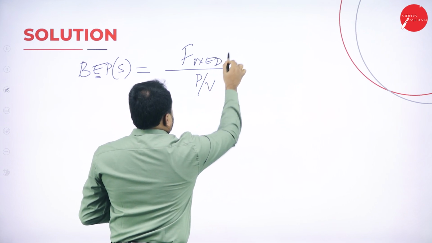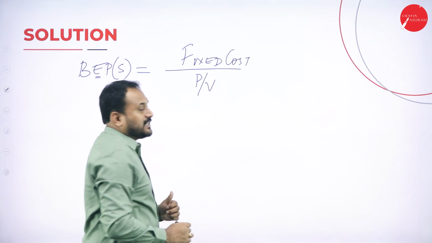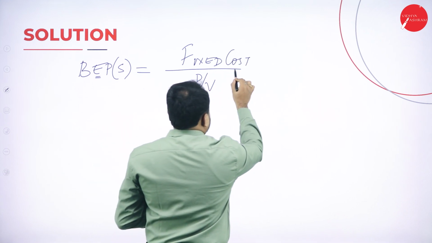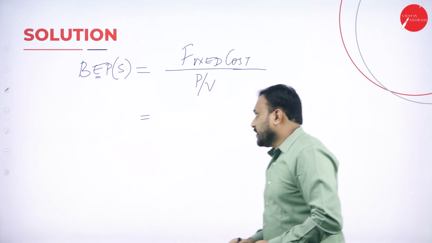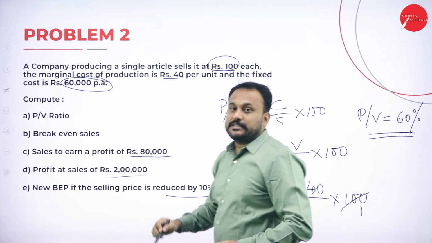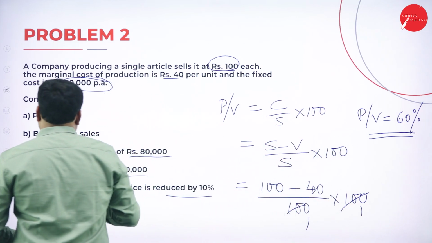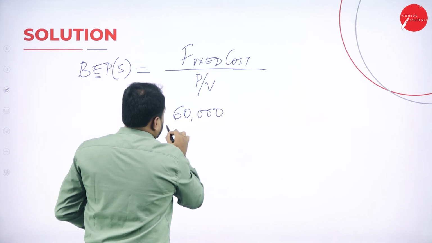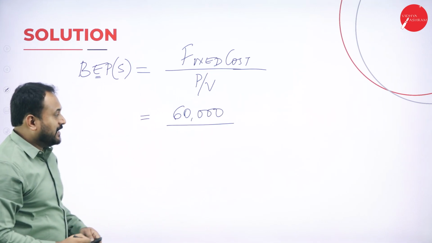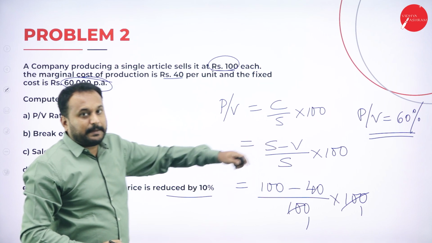Fixed cost. Now, we are supposed to know what is a fixed cost for us. Let's check the question here. We have 60,000 as the fixed cost per annum. So, we'll write here 60,000 divided by, what is your PV now? Your PV is 60%.